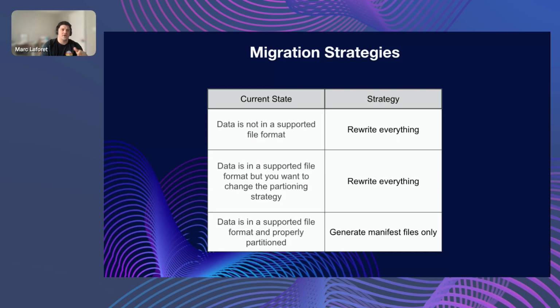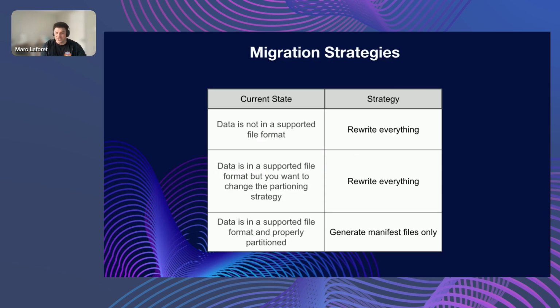But now that we've identified one data set, or a class of data sets, that we want to migrate first, we have to start thinking about the different migration strategies. And this depends on what your current state is. If your data is not in a supported file format, then you're going to have to restate or rewrite everything. If your data is in a supported file format, but you want to change the partitioning strategy, so how it's organized on disk, then again, you're going to have to restate or rewrite all your data.